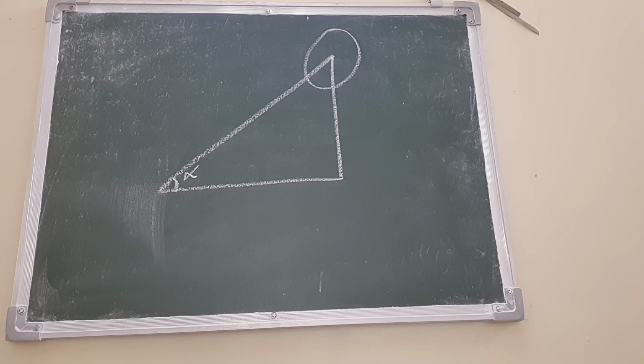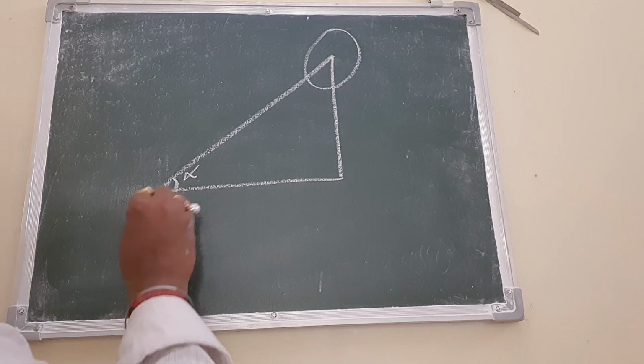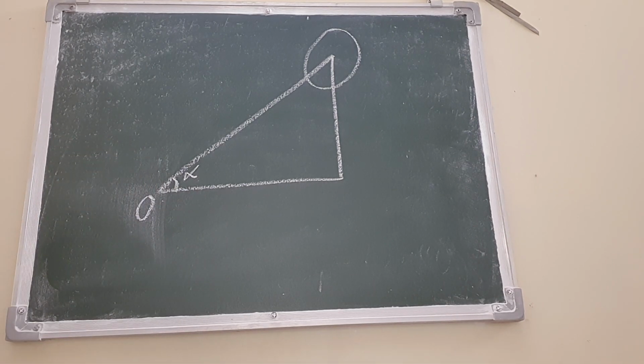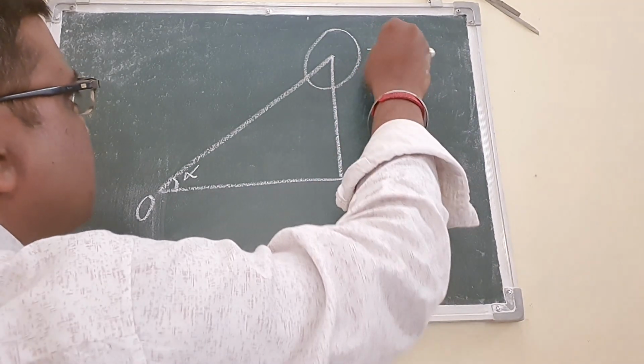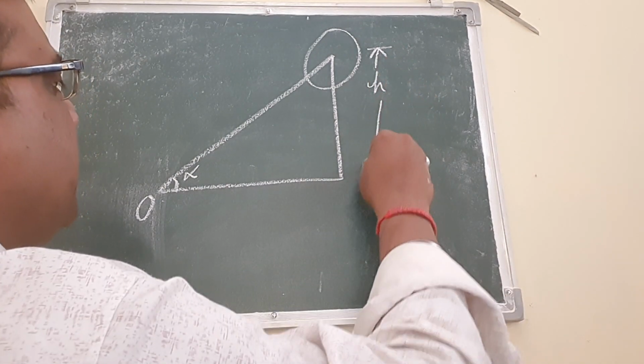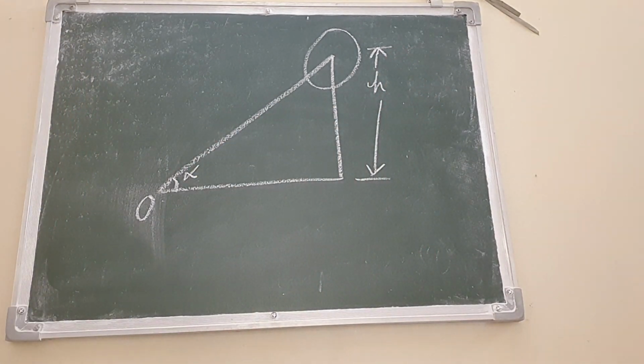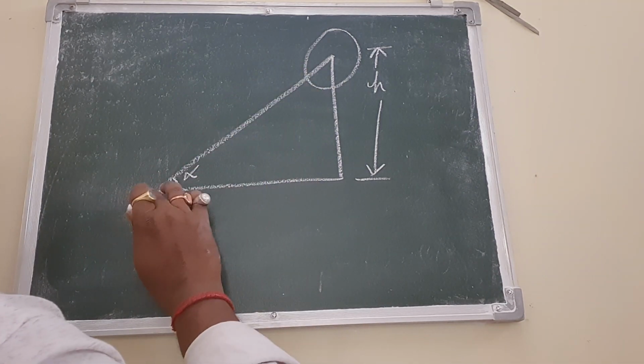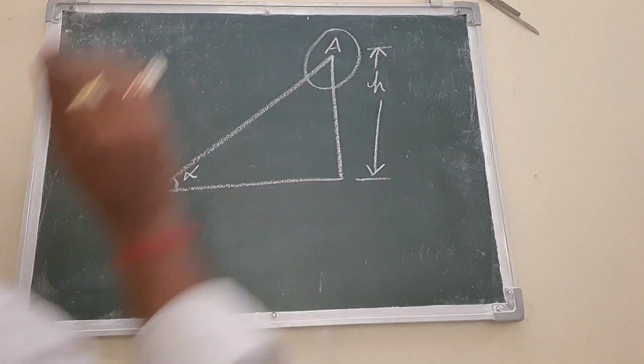So we have to find the distance of the center of the balloon from this point O, from where the balloon has risen, and its vertical height is h. You can see h is the height. From here we have to find this distance, OA. OA we have to find.